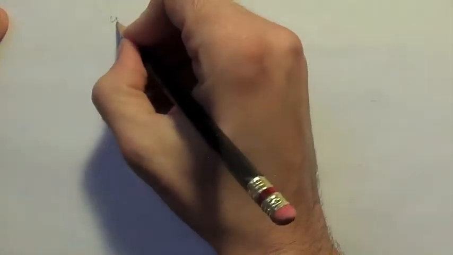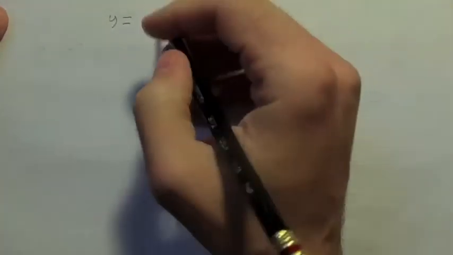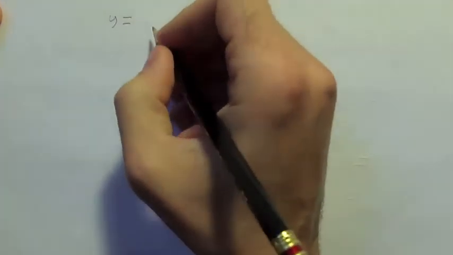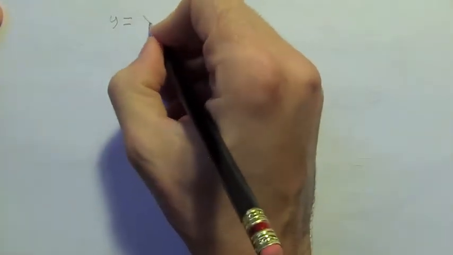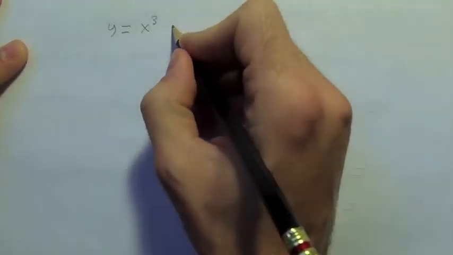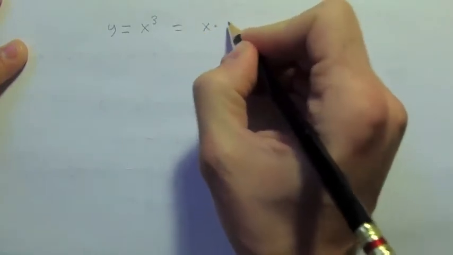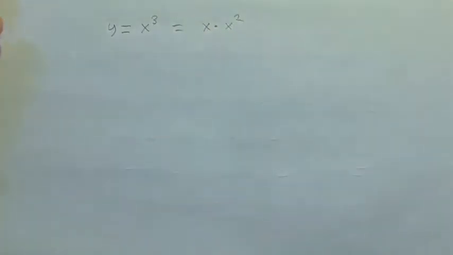Okay, so let's actually look at an example that might help us verify this. I mean, we have looked at an example that we can check, but let's look at a simpler example, just to clarify that this actually works. If I look at y equals x cubed, I know that this is x times x squared.